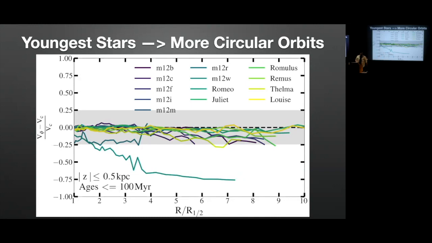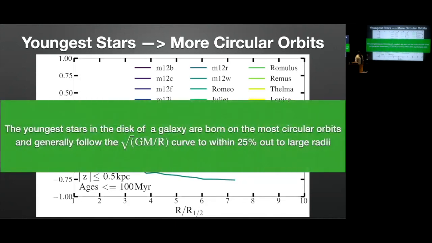I'll go into potentially why that is later in this talk. But essentially what we're seeing is that the youngest stars in the disk of a galaxy are born on the most circular orbits, and so they generally follow this GM over R rotation curve within 25% to large radii. So that's the first thing we see.